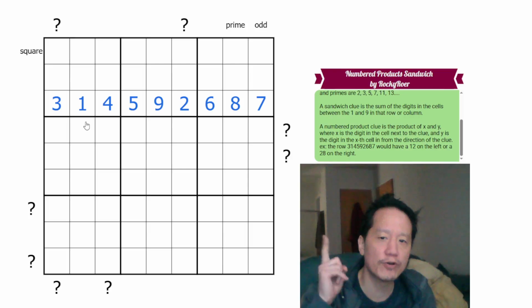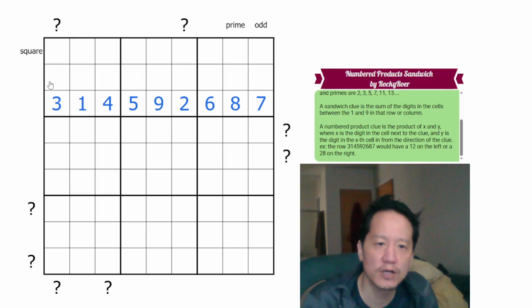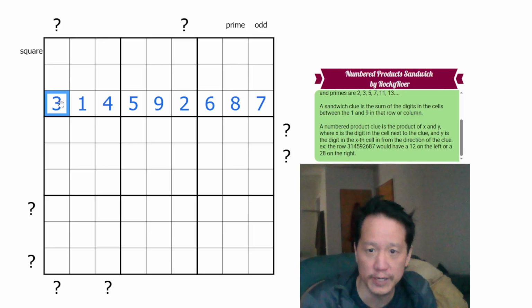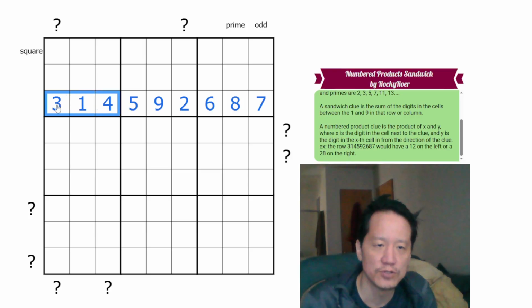So the numbered product clue would be the product of x, which is the digit in the cell next to the clue. So in this direction, it would be 3 times y, where y is the digit in the x cell from the direction of the clue. So this would be 3 times 4, which would be 12, right? Because 4 is in the third cell, which is x.